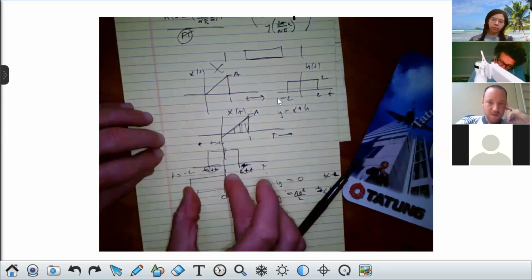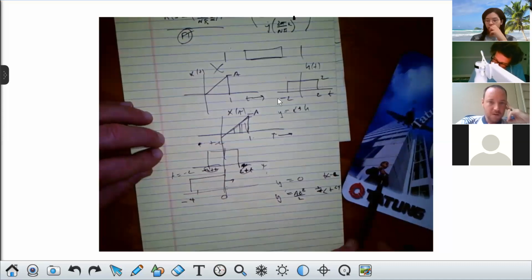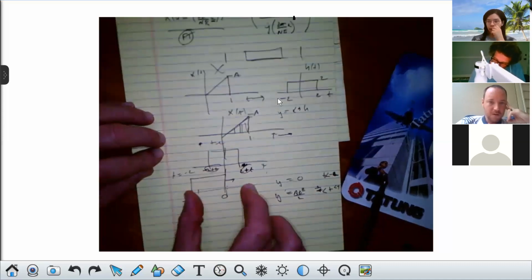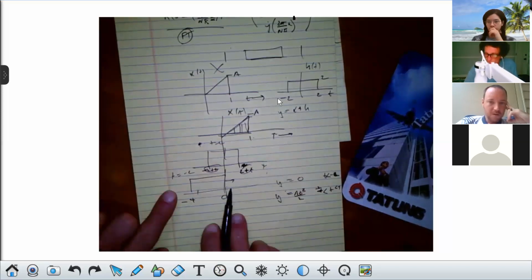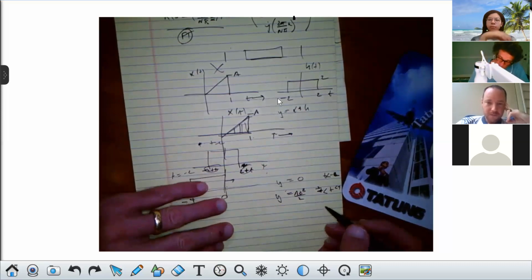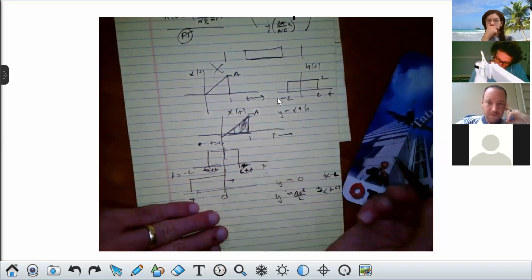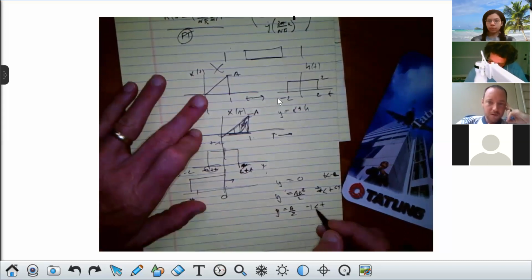Now look, as this thing's moving through, the width of that's 4. So when you go to -1, all of a sudden it starts coming out. Now this entire thing is immersed in this pulse. It's going to be a constant, and the value of that's going to be just the area here, which is a over 2. So then it's going to be y equals a over 2 from t greater than -1 till what?